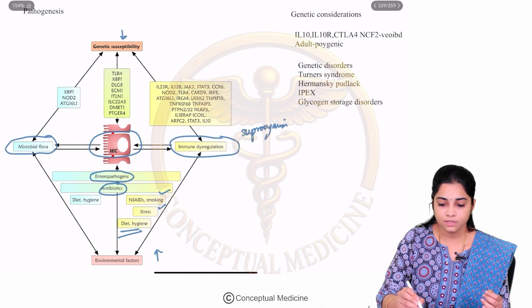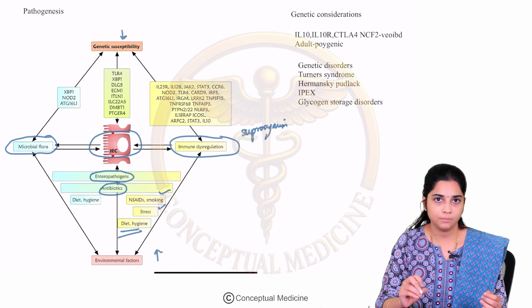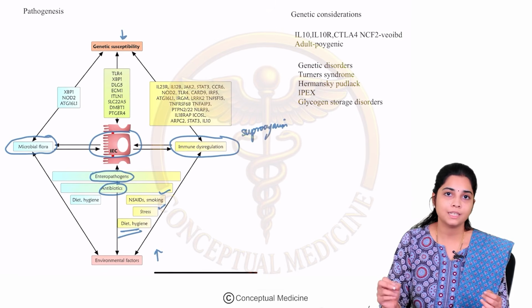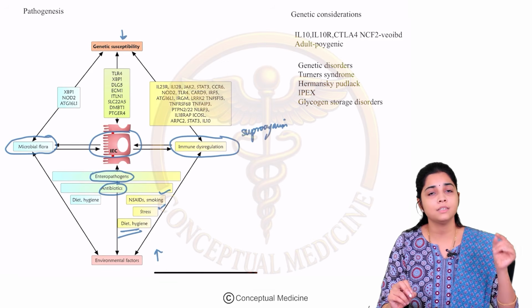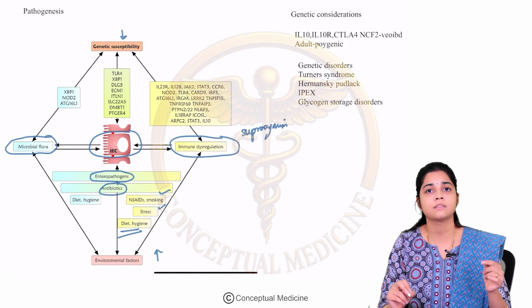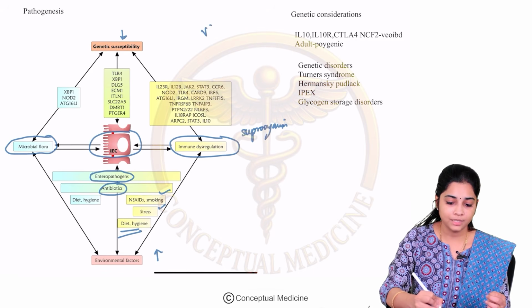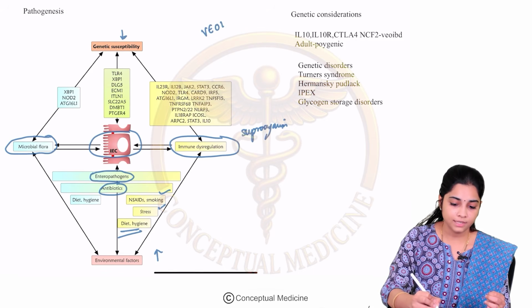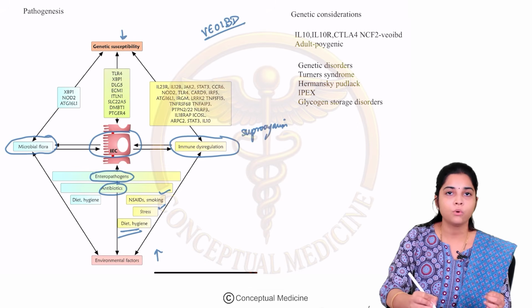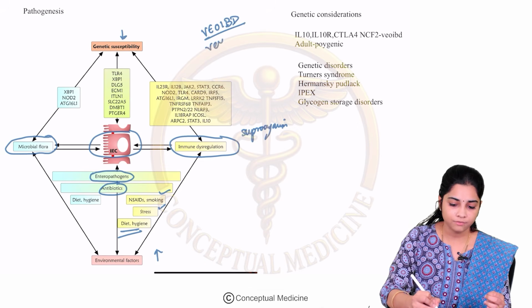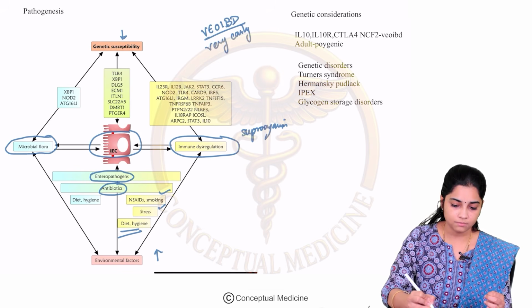So, genetic causes of monogenic IBD, right? Monogenic IBD means that there are certain genes where you can pinpoint and say, yes, this is the gene why you have IBD. Especially in which form of IBD? Very early onset IBD, VEO IBD. VEO stands for very early onset.